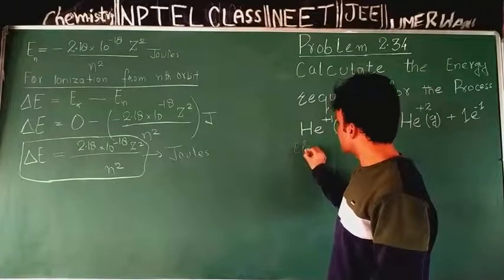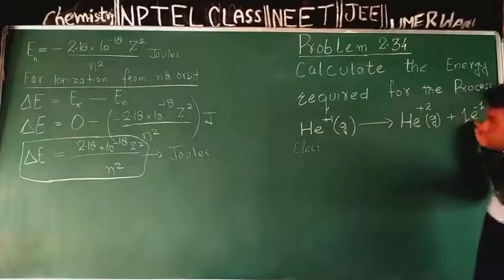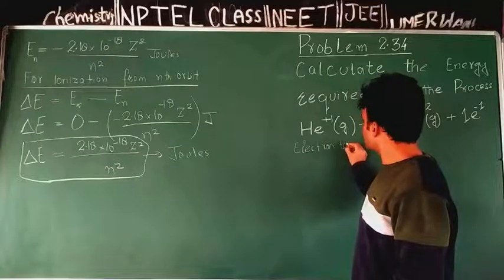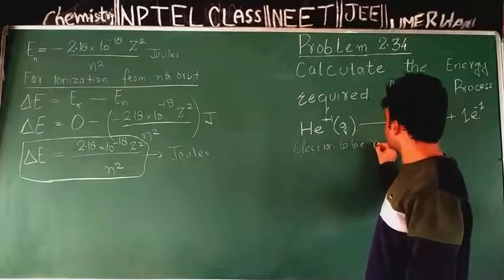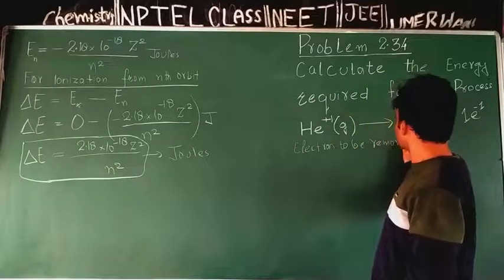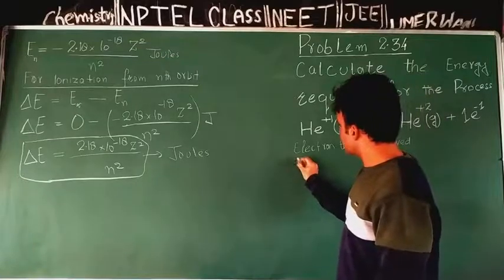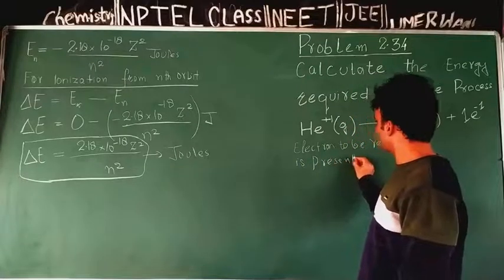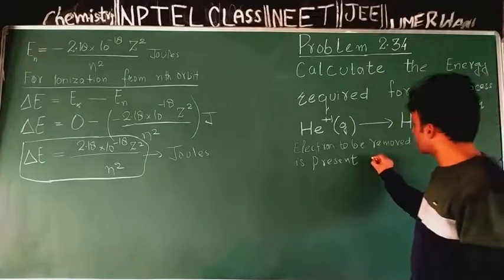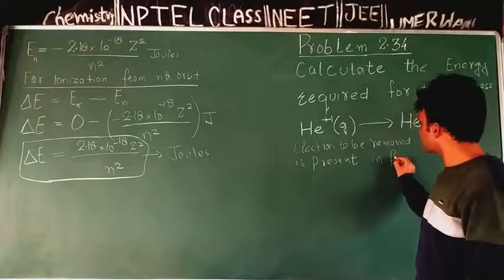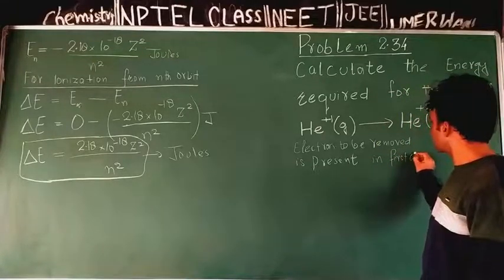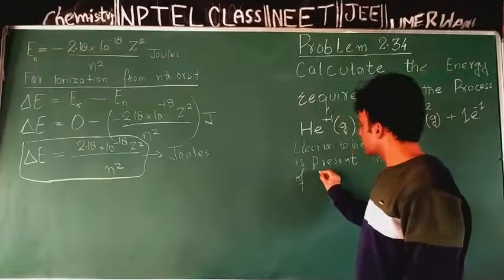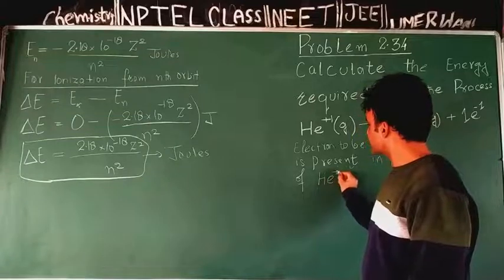Let me write here, this electron which is to be removed is present in the first orbit of helium ion, unipositive helium ion.